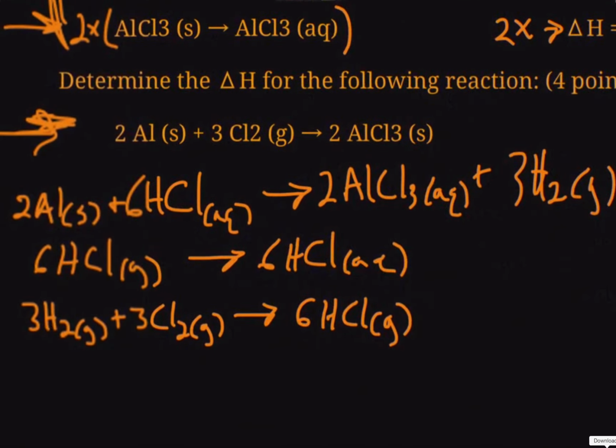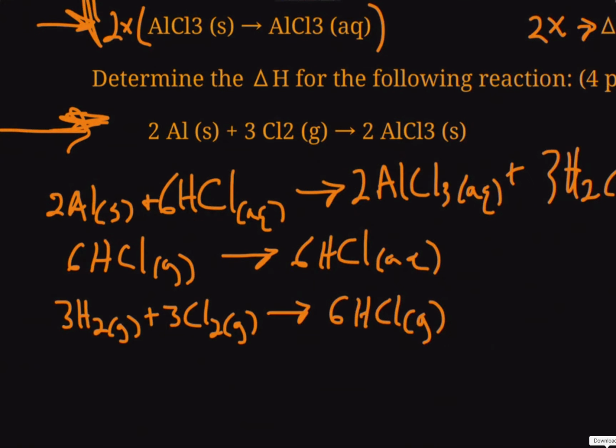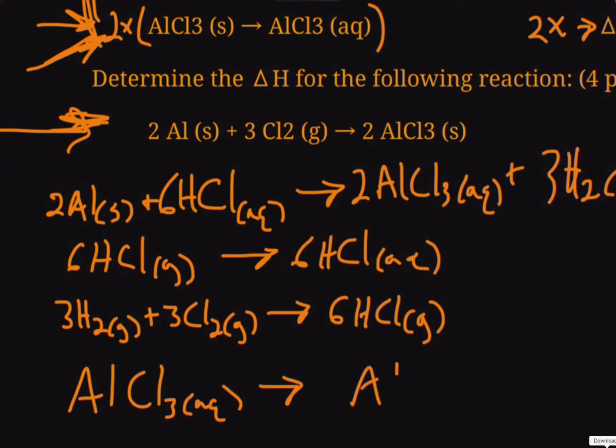And then the last one, I had to flip it around and I had to multiply it by 2. So we're looking now at this up here, this bottom equation. If I flip it around, I get aluminum chloride aqueous on the left and aluminum chloride solid on the right, and I multiplied it by 2, so I get 2 of each.